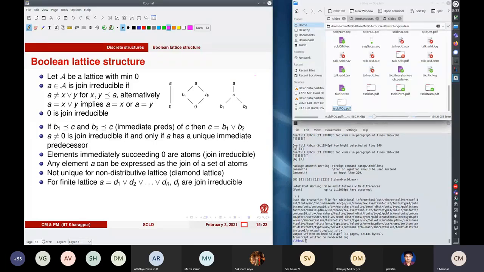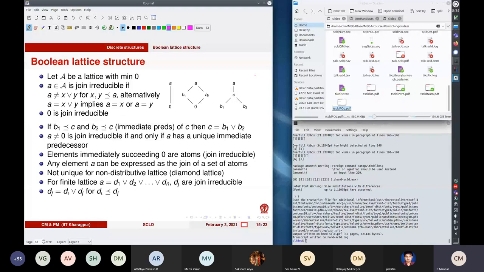Now, what you're saying is that for a finite lattice, we can express A as the join of join irreducible elements.